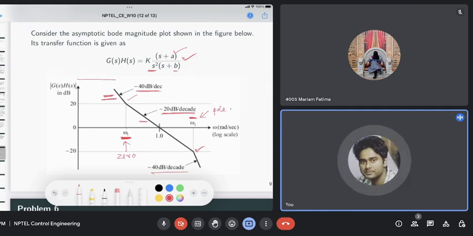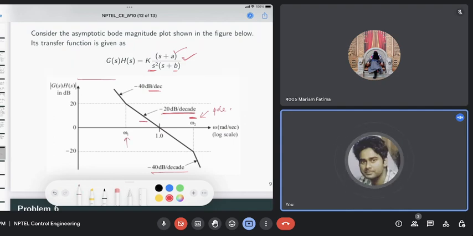If there were a change of minus 40 dB per decade, that would correspond to a second order component, that is, we would have a quadratic coefficient there, right? In this case we don't have such a term, so we will have only first order terms, right?